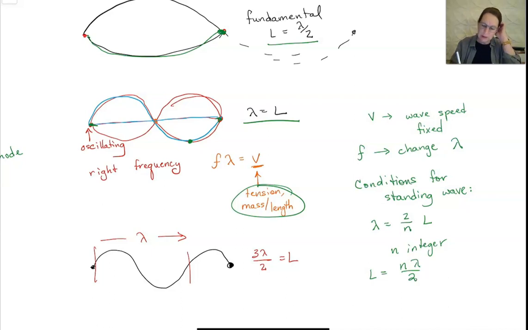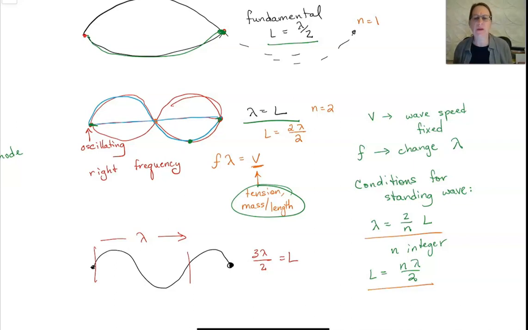Because for this one, this is n equals 1 right up here. This would be n equals 2 in this expression, right? L is equal to 2 lambda over 2, and this is L is equal to 3 lambda over 2. So either of these ways are ways to look at our condition for getting a standing wave on a string.